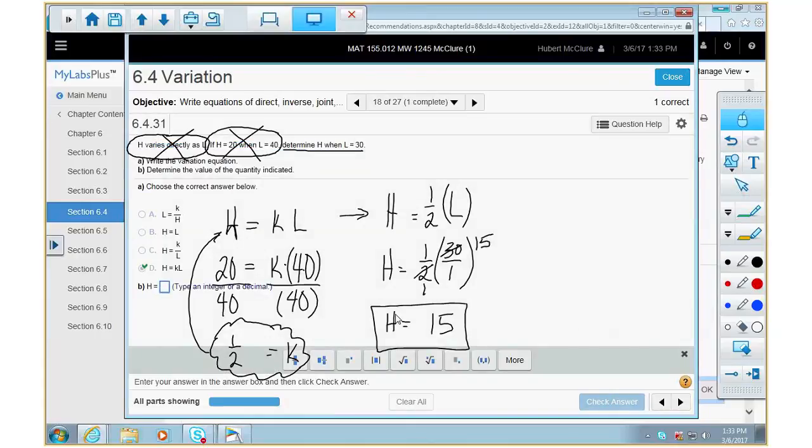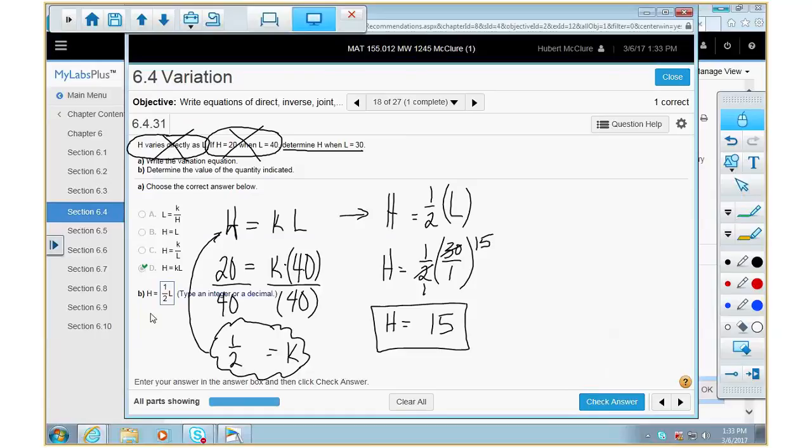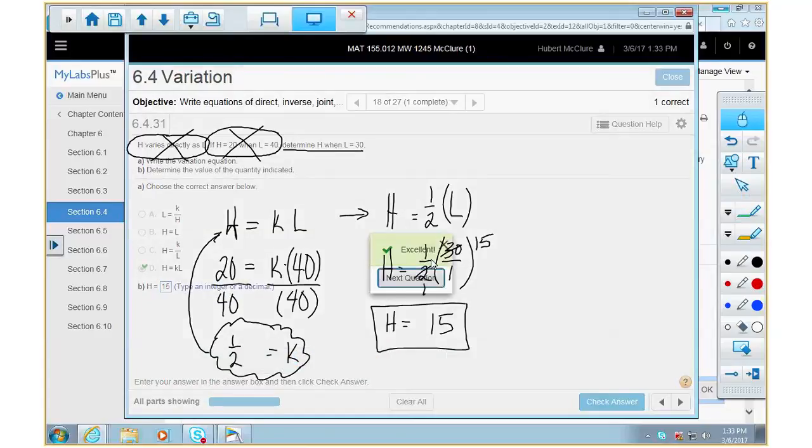H is equal to 1/2 times L. Oh, it wants the answer. That's it.